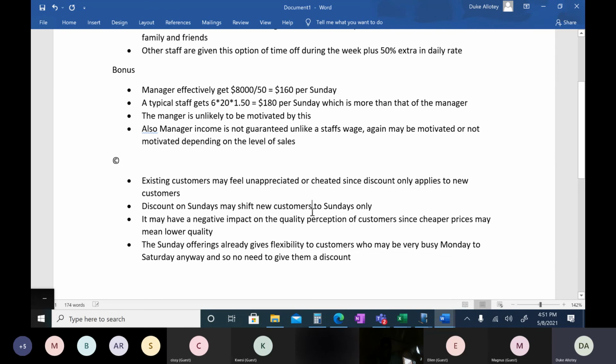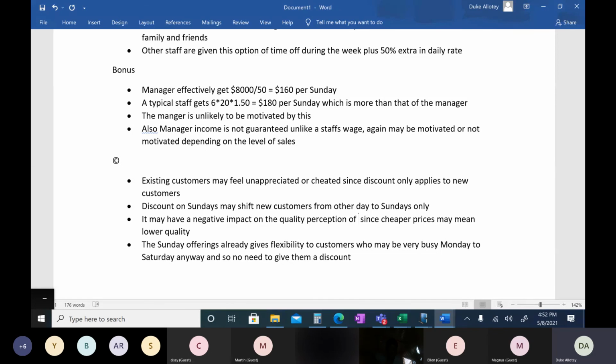So it means that we won't get new customers on other days. They will already wait for Sunday to buy. And it may have a negative impact on the quality perception of our products, not the customers.